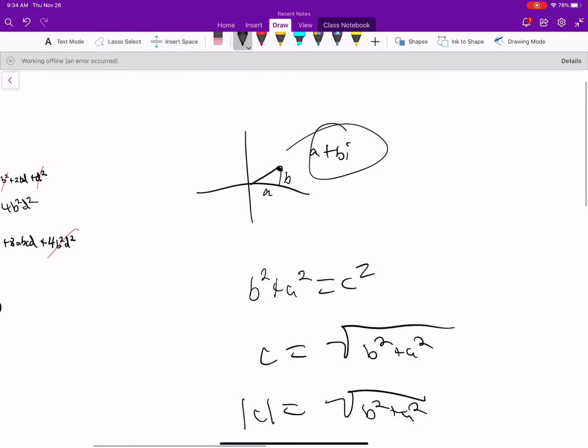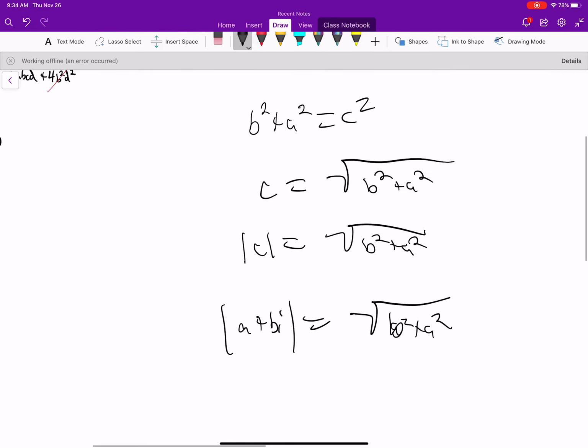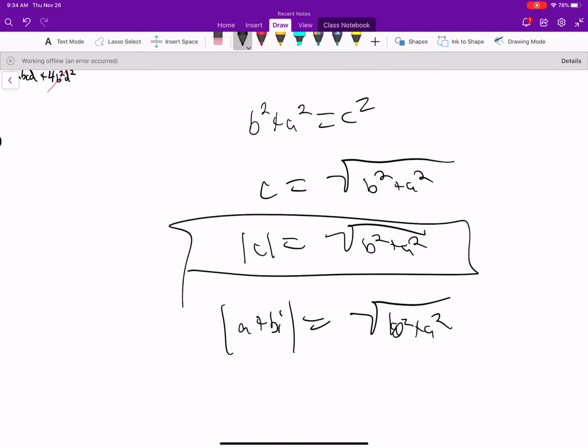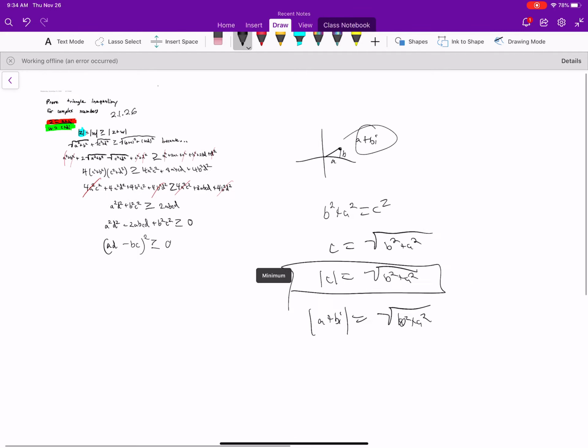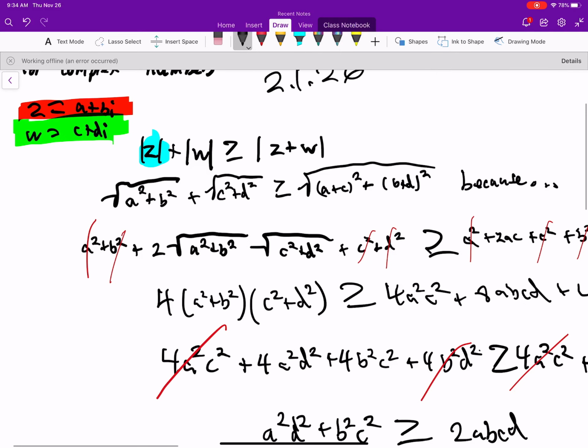Even though this number does, the magnitude of it does not. So that's why we don't have any i's involved in that.